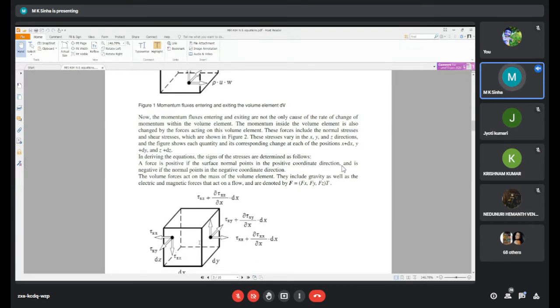So the volume forces act on the mass of the volume element.